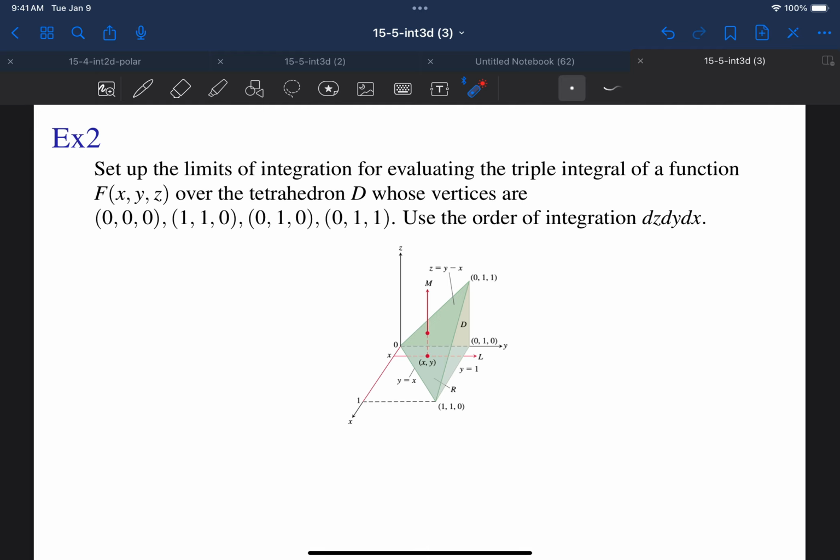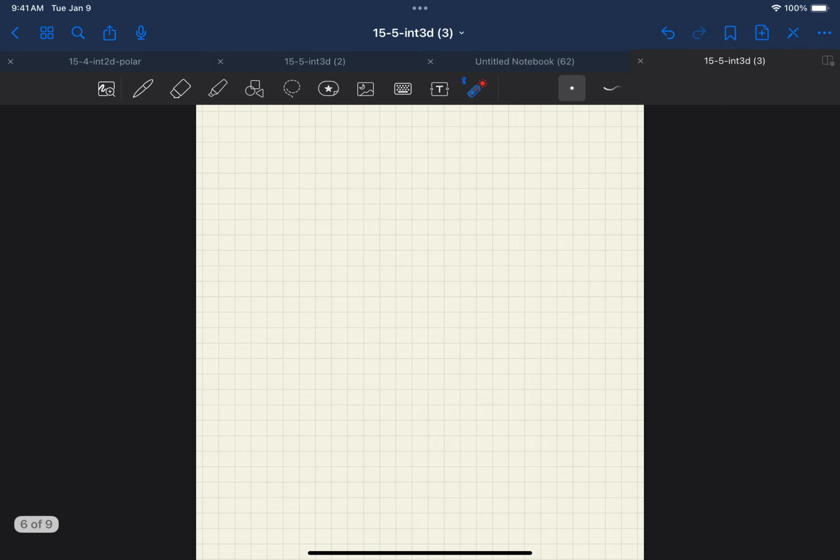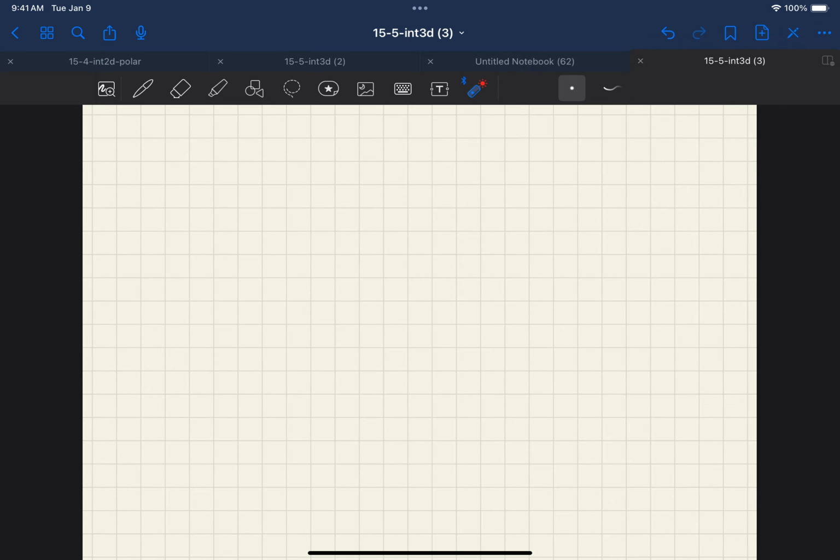To do that, first I'm going to recall what we have done in the last video. In the last video, we introduced how to find the equation of a plane going through 3 points.